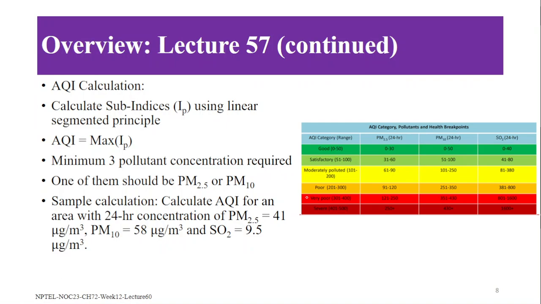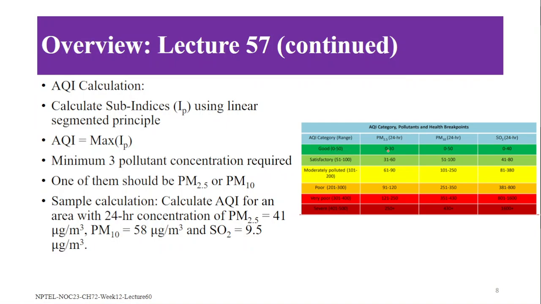Now here we are given the table in which the AQI category, pollutants, and the health breakpoints are given. So for PM 2.5 for 24-hour concentration, these are the breakpoints. If the concentration is between 0 to 30, then the AQI category can be good, and this is the index given here.